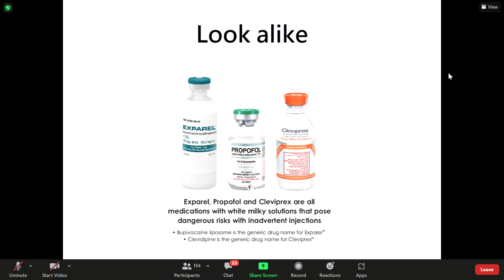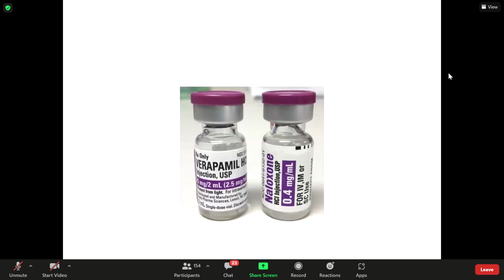They're almost exactly identical when we talk about drawing those medications in a small syringe, for example. These two medications are totally different, but the way we color them is almost the same. The problem is they have two different mechanisms of action. This is one of the things that we have to look at.